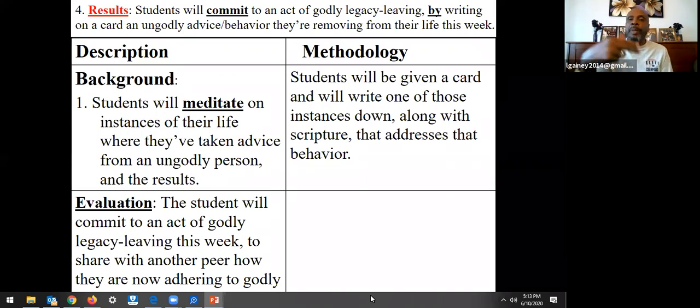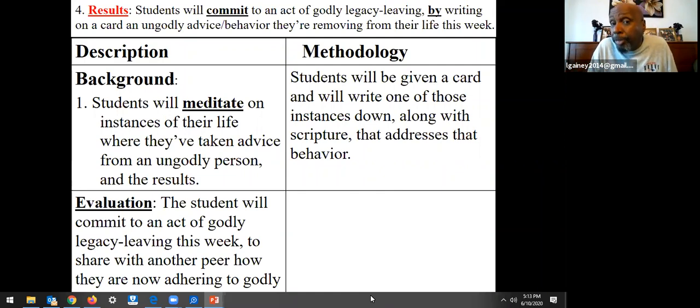And what they would be doing is writing down what would be the godly advice. They took ungodly advice from each other or from one of them, and it ended up in the results where they crossed the line in terms of God's boundaries. And what we would do is add scripture along with what is the one that you're going to work on.